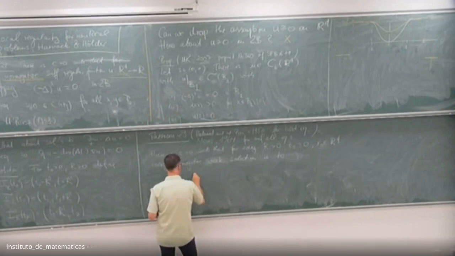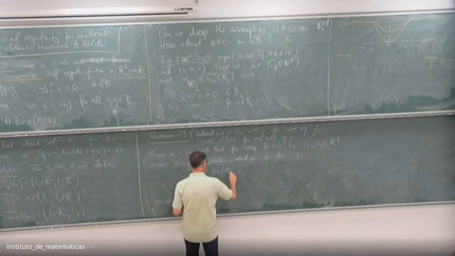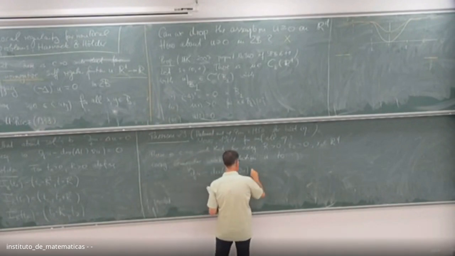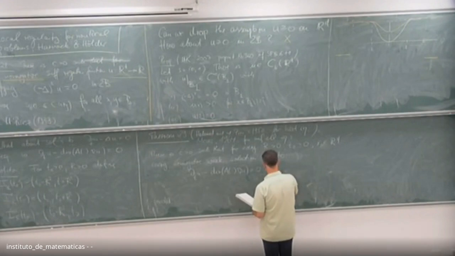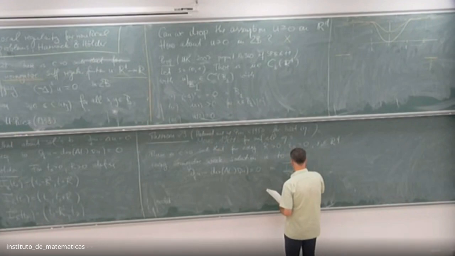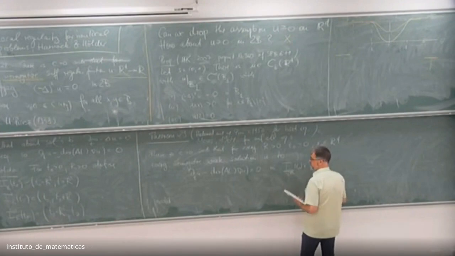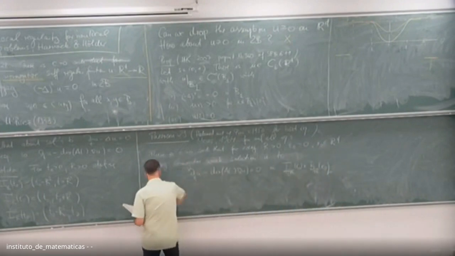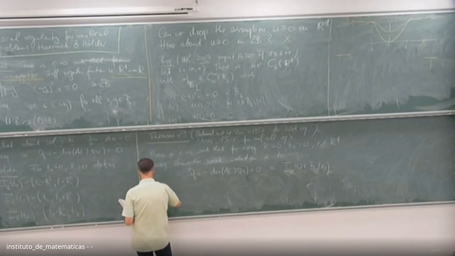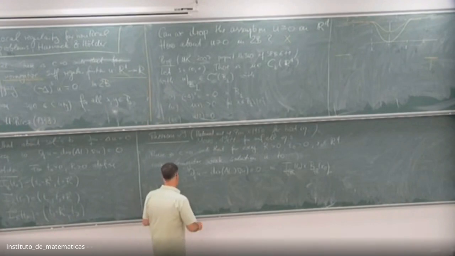To the equation d_t u minus divergence A gradient u equals 0 in a cylinder satisfies the following.